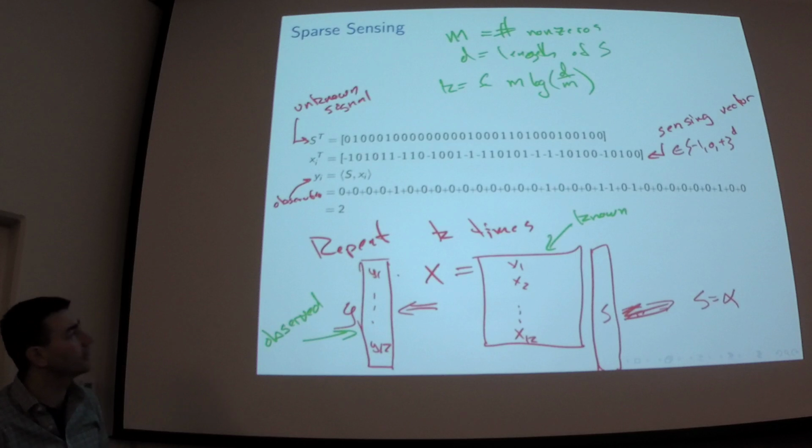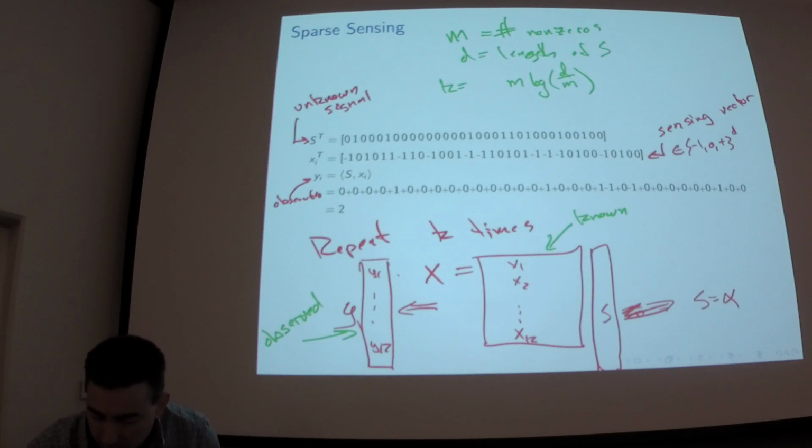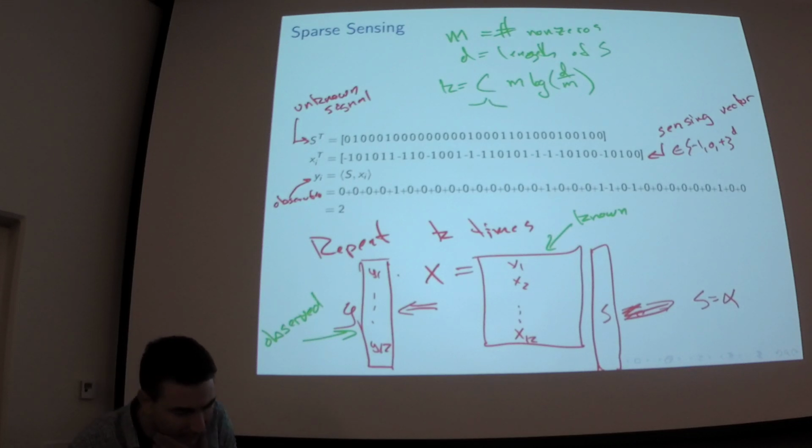So k is roughly the number of non-zeros, M, with some constant here. Depending on the algorithm you use, this constant is between about 4 up to 20.